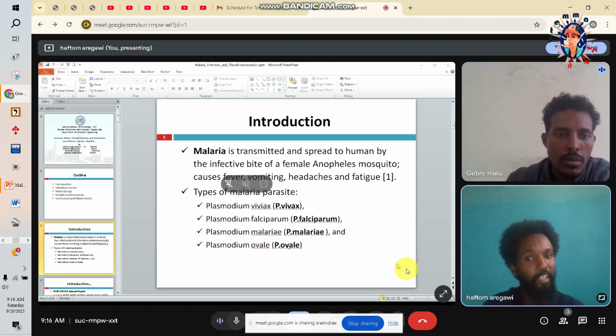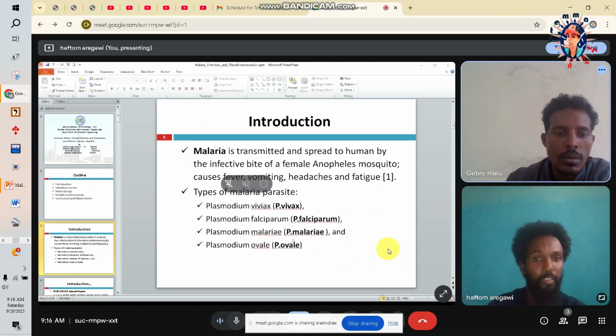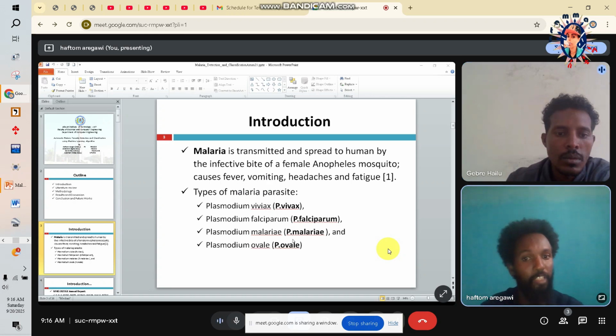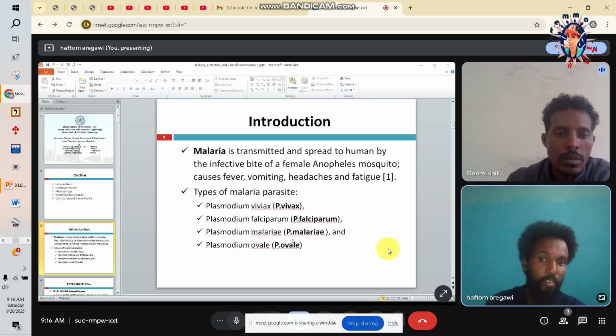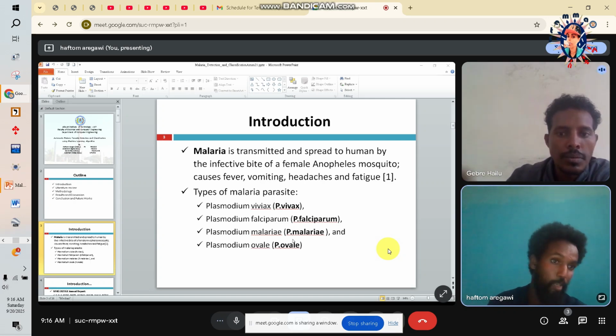As an introduction, malaria is transmitted to humans by the infective bites of the female Anopheles mosquito. It causes fever, vomiting, headaches, and fatigue. There are basically 4 types of malaria parasites, and we can add a fifth.